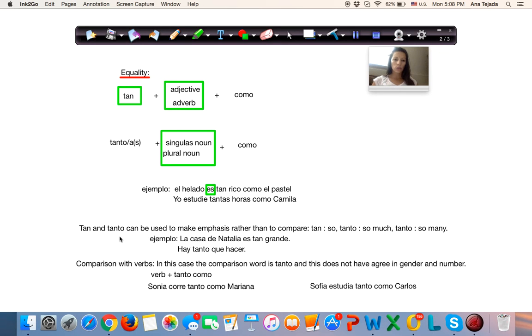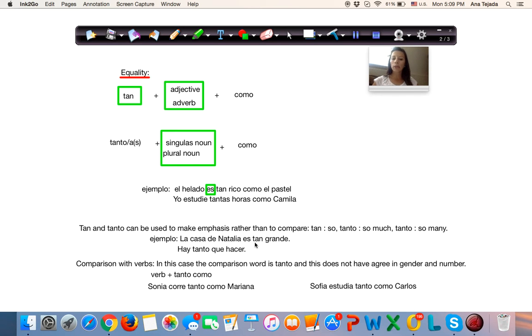Okay, let's continue with the comparisons of equality. So tan and tanto can also be used to make emphasis rather than to compare. Tan will mean so, tanto, so much, or so many. Let's look at these examples. La casa de Natalia es tan grande. So we're basically saying Natalia's house is so big.